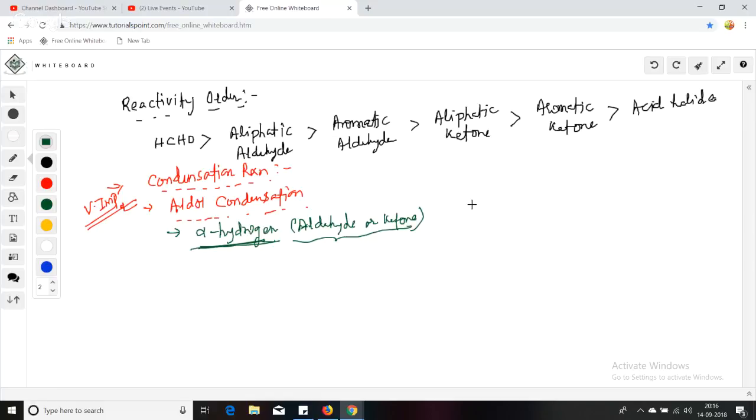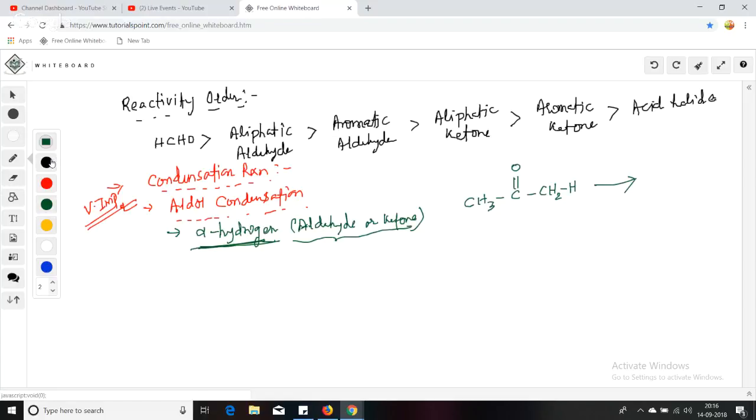You see this first. Suppose I take the example of acetone. Acetone is CH3, C double bond O, and CH3. Now this hydrogen and this hydrogen are acidic hydrogen.